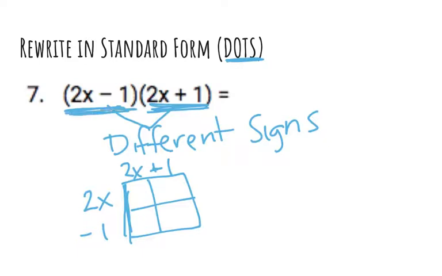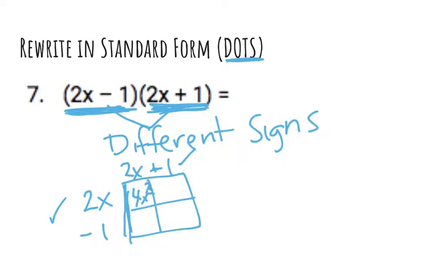So I've got 2x minus 1 here, and I've got 2x plus 1 on top. All right, so now let's focus in on this first box. So I look up at 2x, I look to the side times 2x, and that gives me 4x squared. All right, hopefully you guys can see that square.